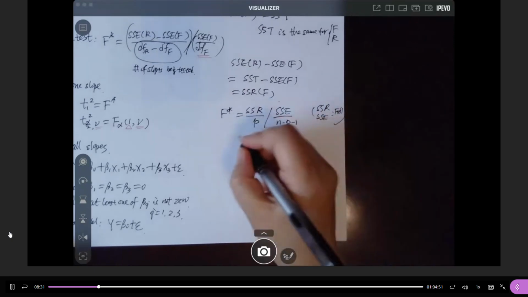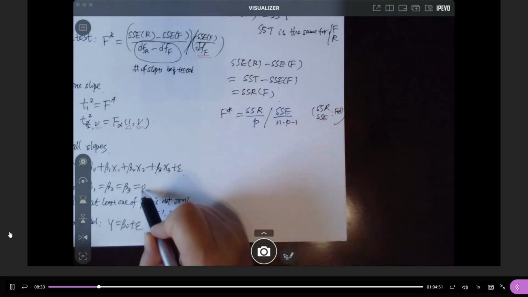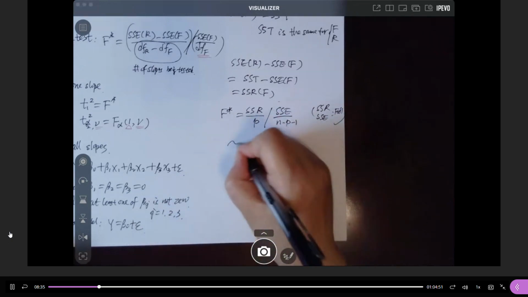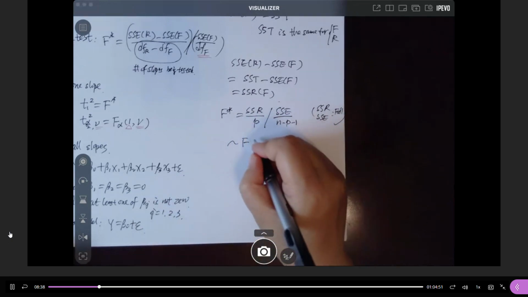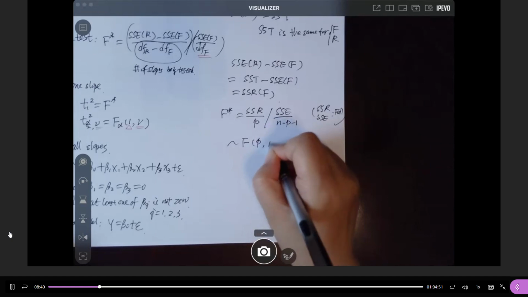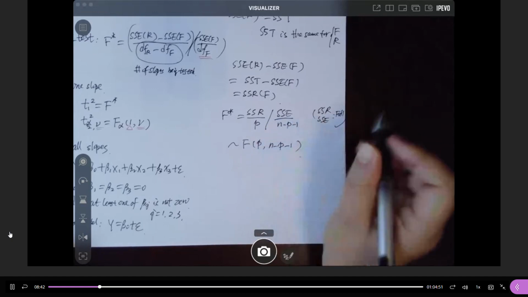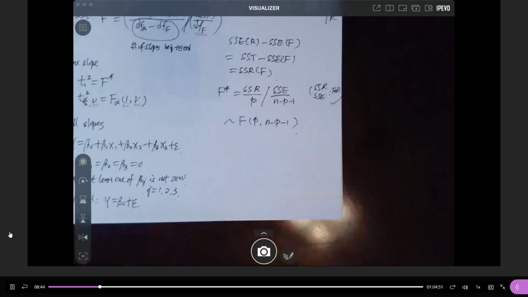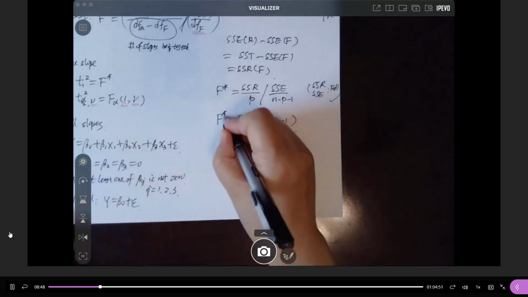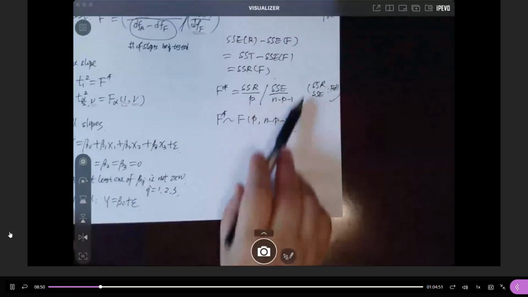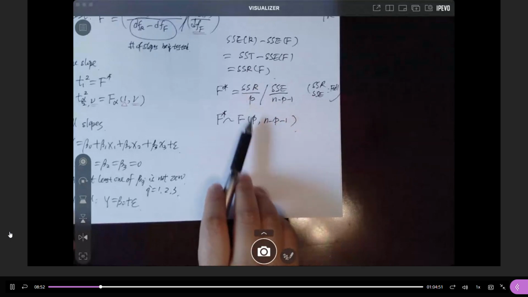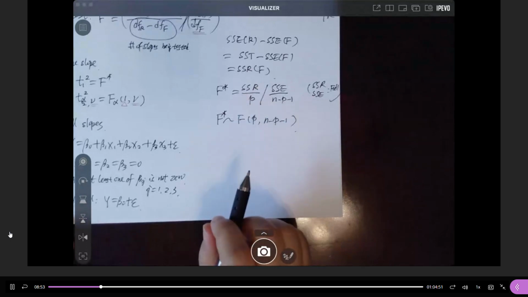So this one under the null, we already plugged in what we mean by under the null, follows an F distribution with P and n minus P minus 1 degrees of freedom. Right again. So the F star, after you reduce it to this form, follows an F distribution with P and n minus P minus 1 degrees of freedom.